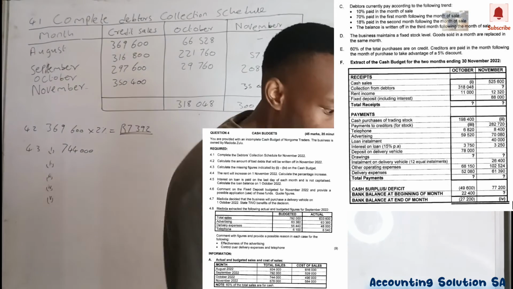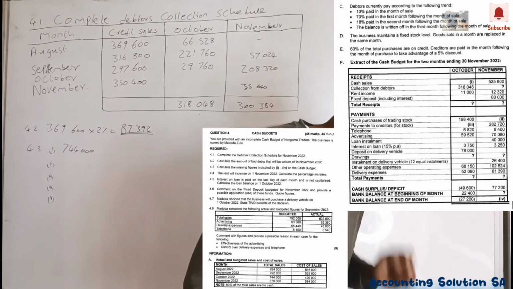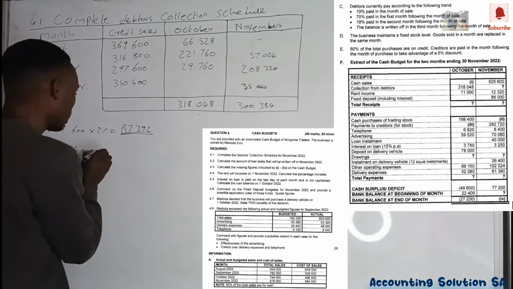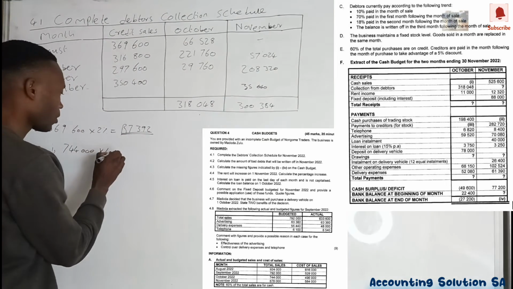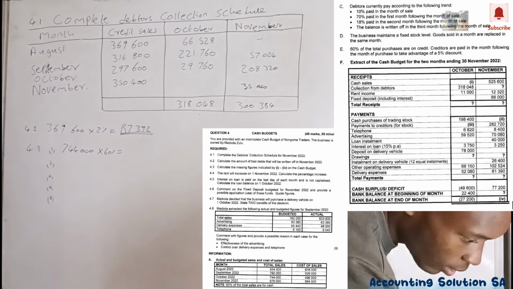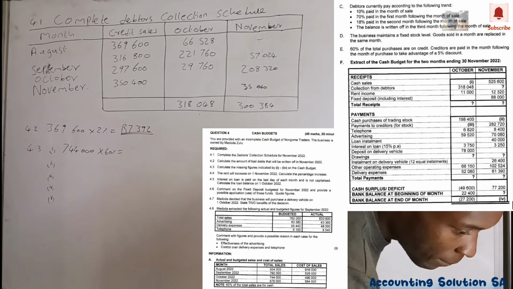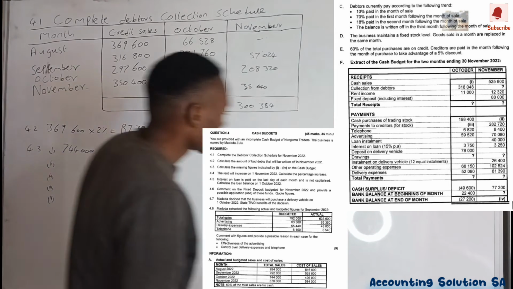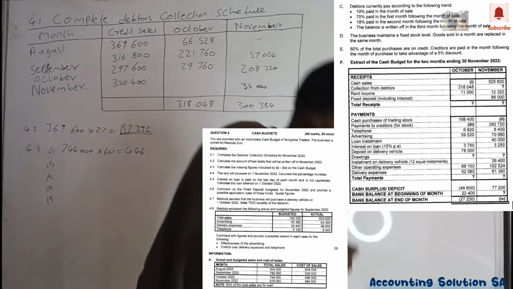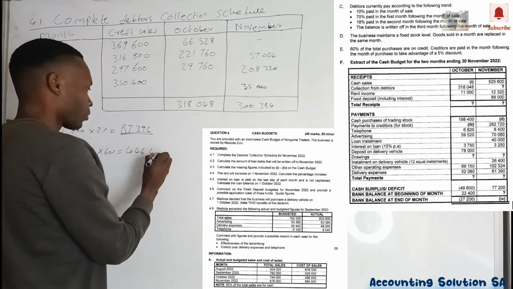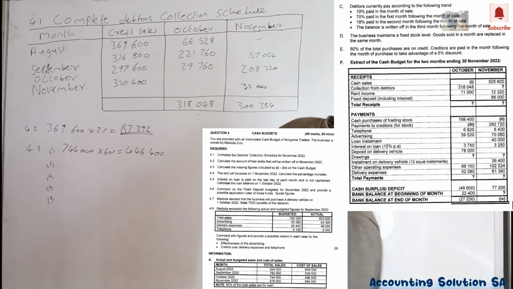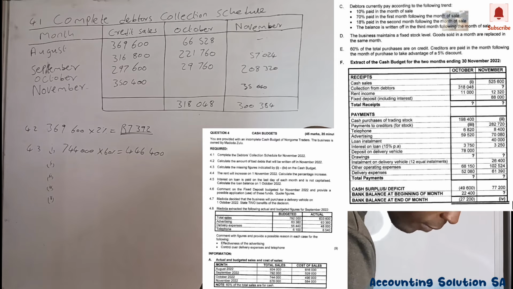Then they say that 60% of total sales are for cash, which means we just multiply by 60%. Then it's going to give us an amount of 446,400. Very simple like that. Let's proceed so that this video won't be very long.